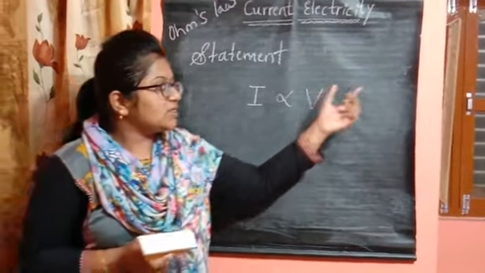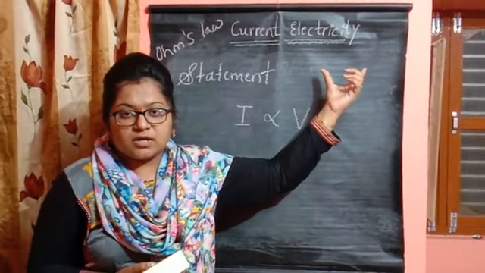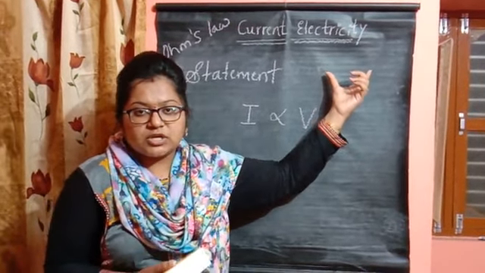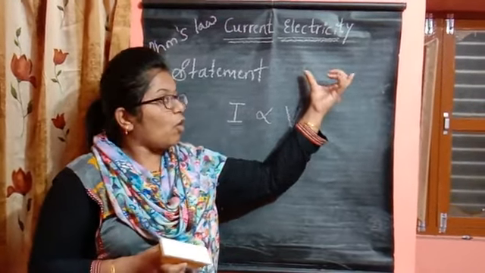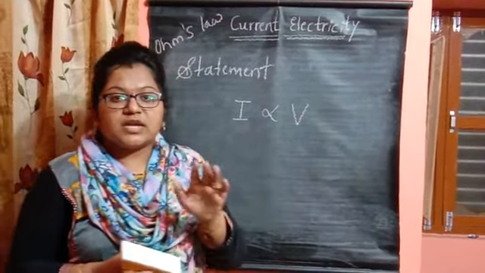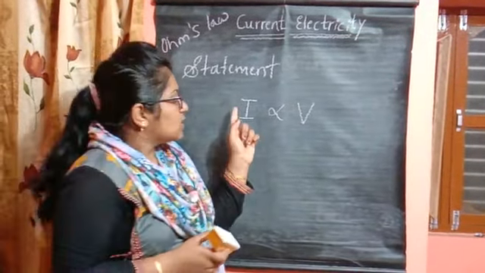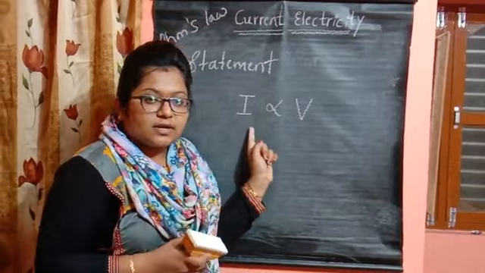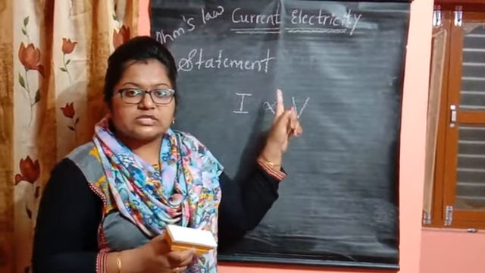Physical conditions may be the pressure, the temperature, or the volume of the conductor, anything it may be. But all the physical conditions of that conductor should remain constant. At that time only, the current flowing through a conductor is directly proportional to the potential difference across the conductor.